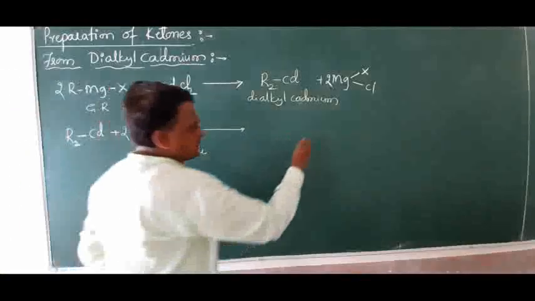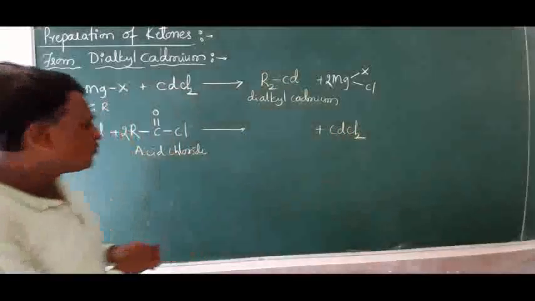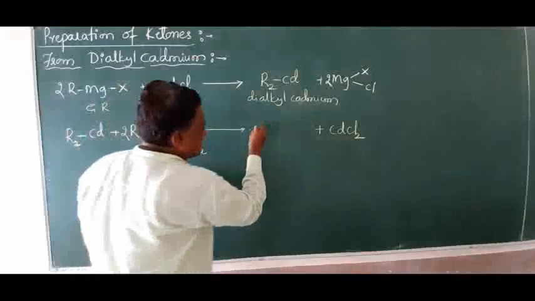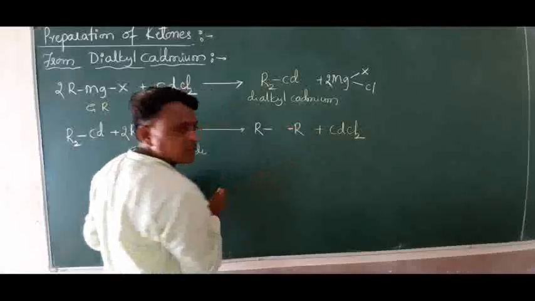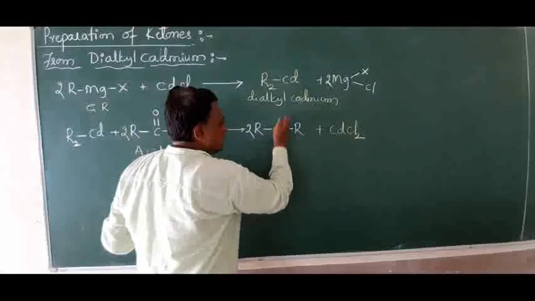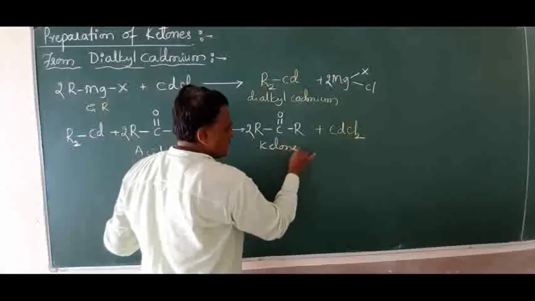The product formed is CdCl2, cadmium chloride, which comes out. What remains is the 2 alkyl groups, 2 moles, with the carbonyl carbon, C double bond O. Now this is your answer, ketone.